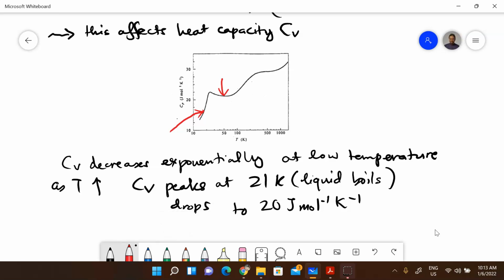And this is roughly 5R over 2. Now, the number 5 over 2 will make sense when we talk about the equipartition theorem later on.